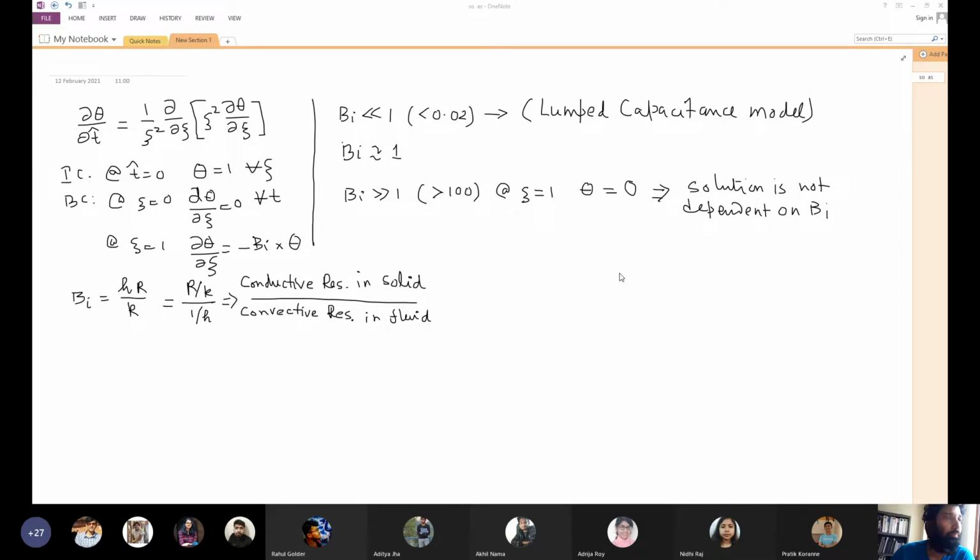Zeta equals 1 is only a particular point in this case. So this entire equation has to be solved. I want you to tell me some method that you already learned.